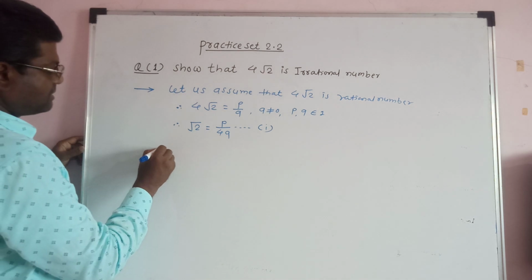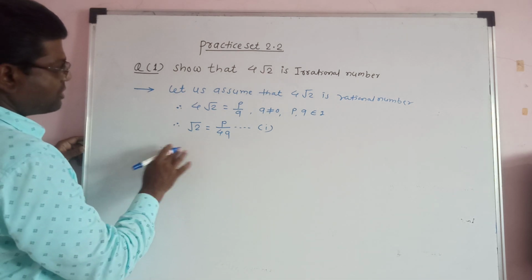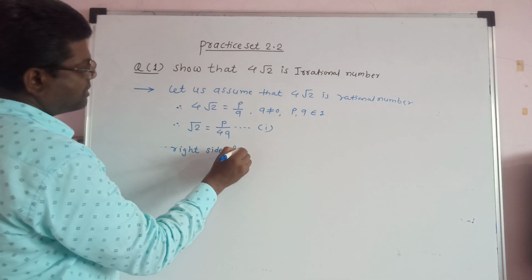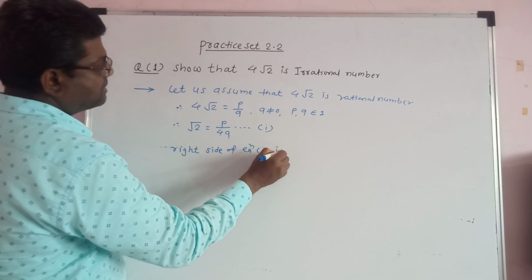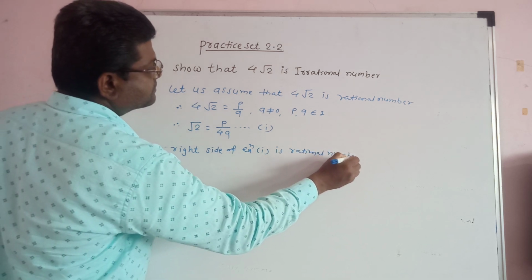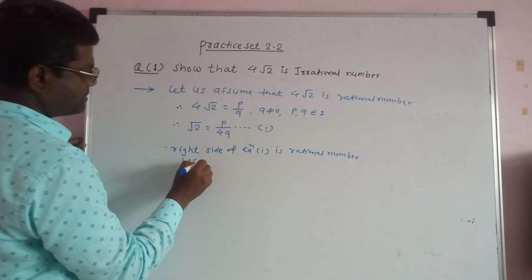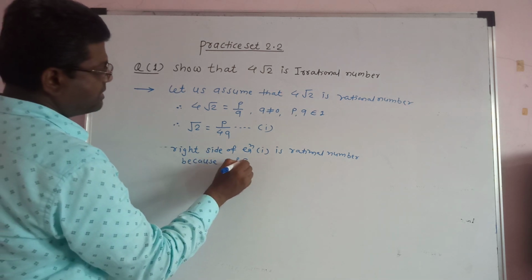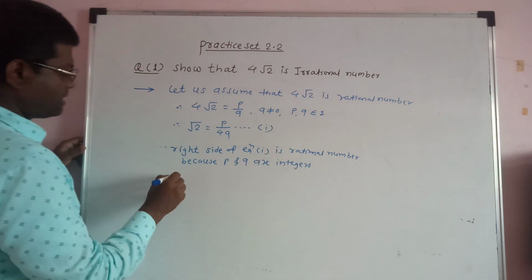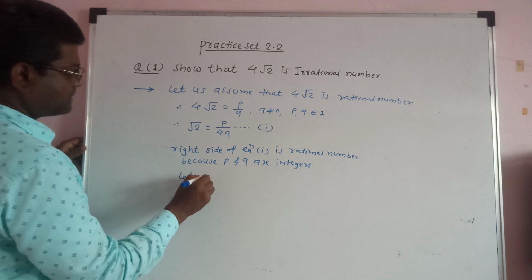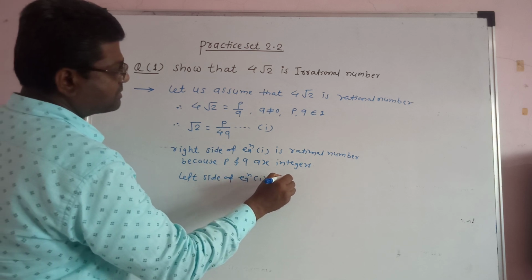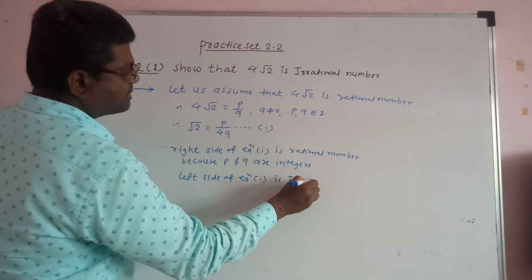So here we write: right side of equation 1 is a rational number because p and q are integers. Left side of equation 1 is an irrational number.